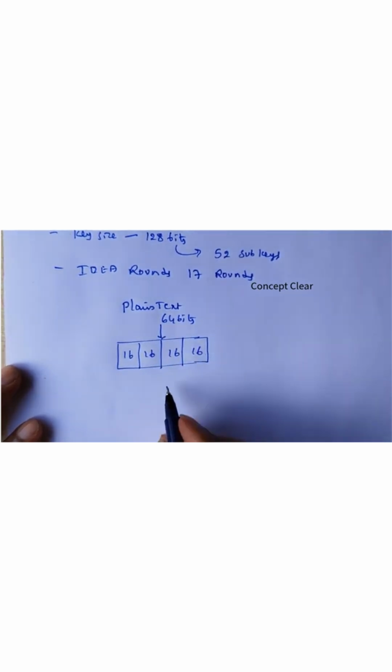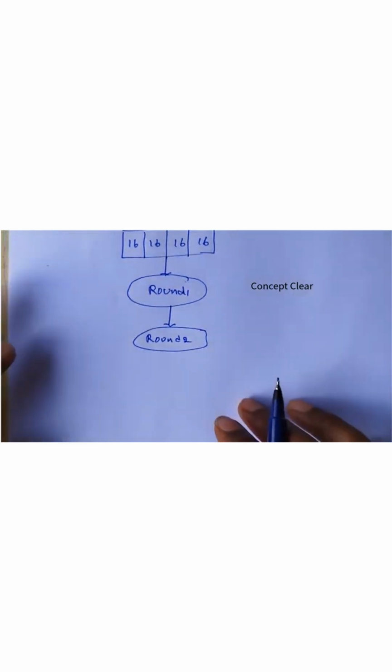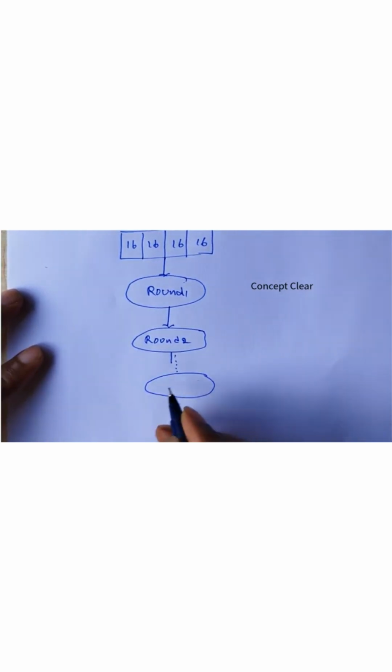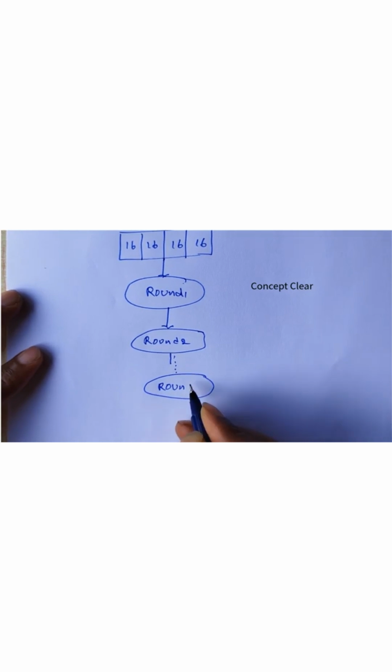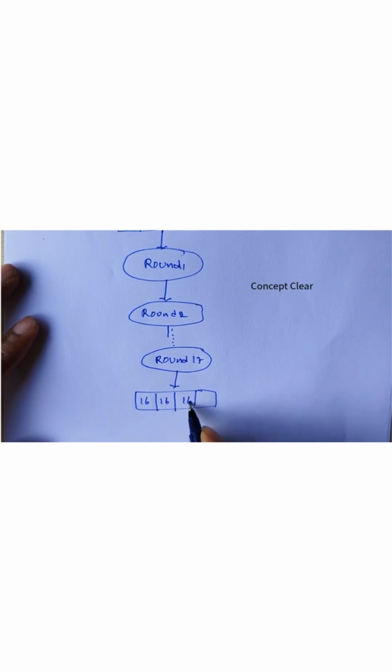This is the left side part, and this will be applied to round 1 operation, and then round 2 operation, and up to round 17 operation, and after round 17 we will get again 4 subparts, 16 bits, 16 bits, 16 bits, 16 bits.